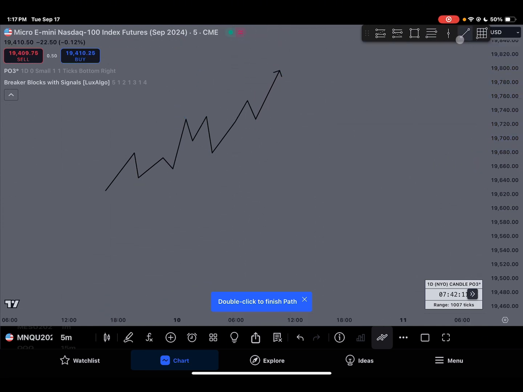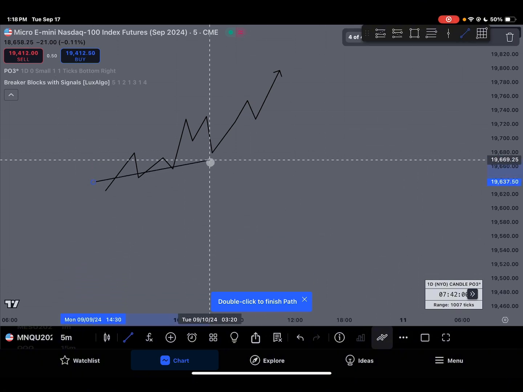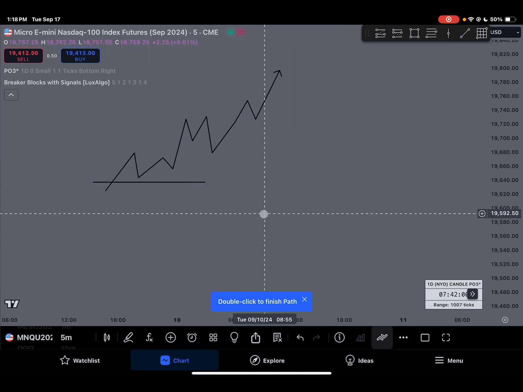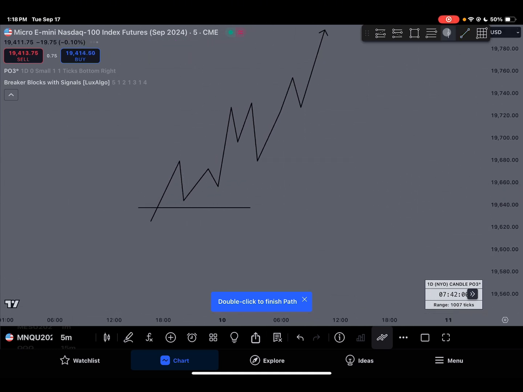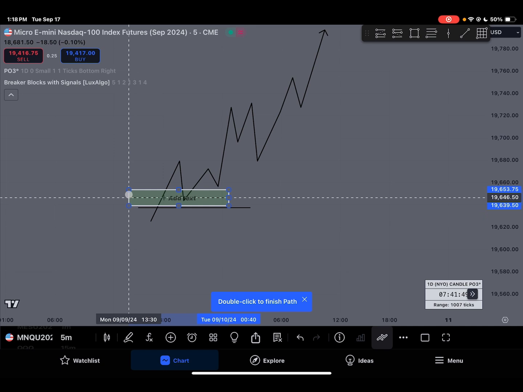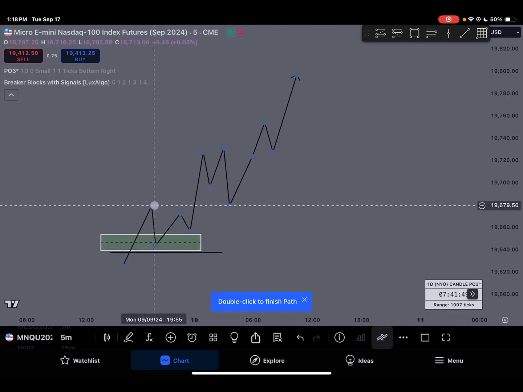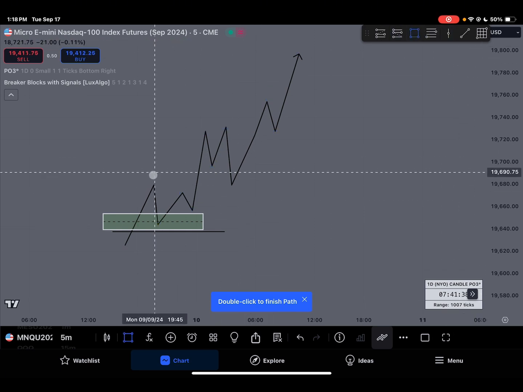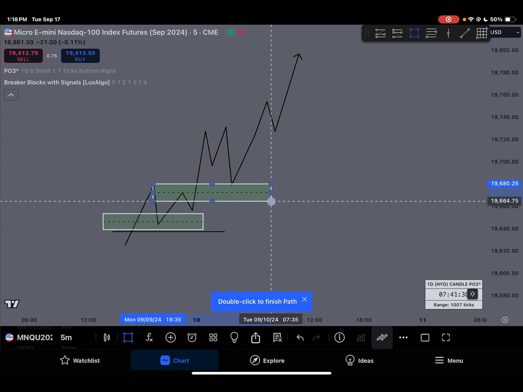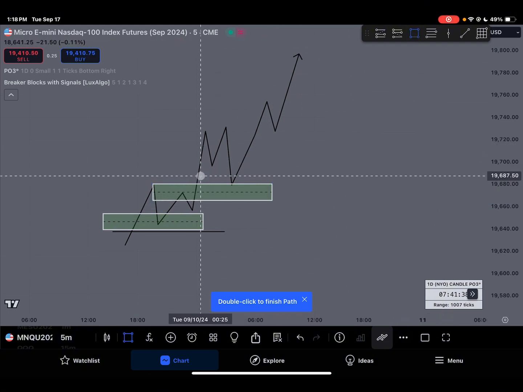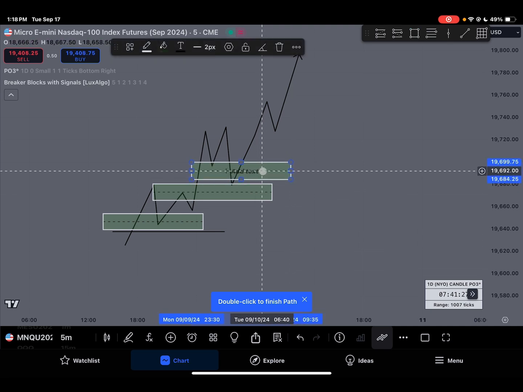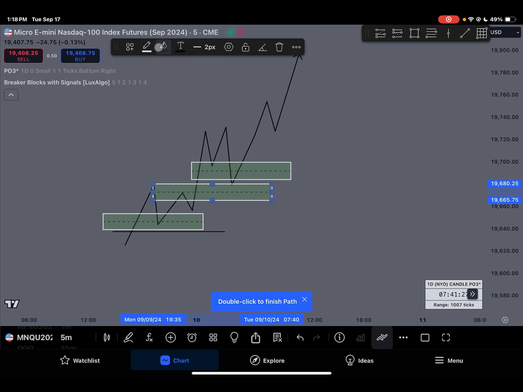So let's just say it swept the low down here, pushes up, leaves a fair value gap. Once it closes above this high, that is your breaker. So you want to be looking for your breaker around here. And then there might be a fair value gap right here as well. Make this red just so it's a different color.